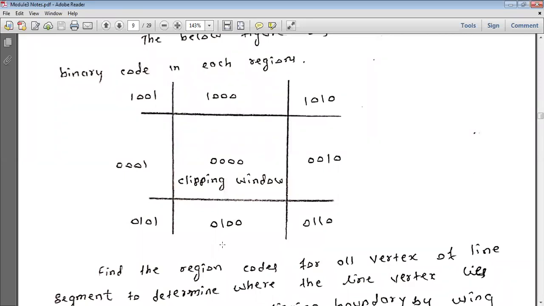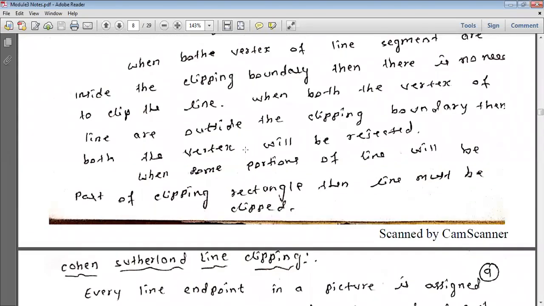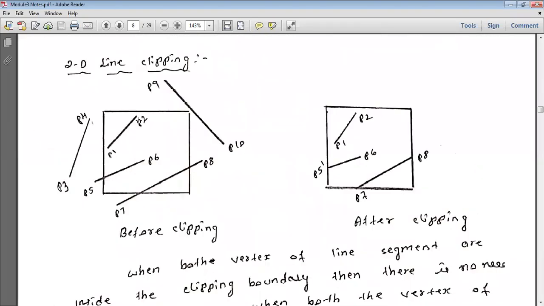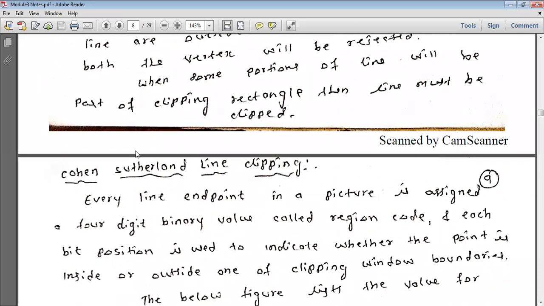So if any of my endpoints is non-zero, it is very clear that this particular endpoint is outside the clipping window. See here, coming to the first line, P1, P2. We call these codes.